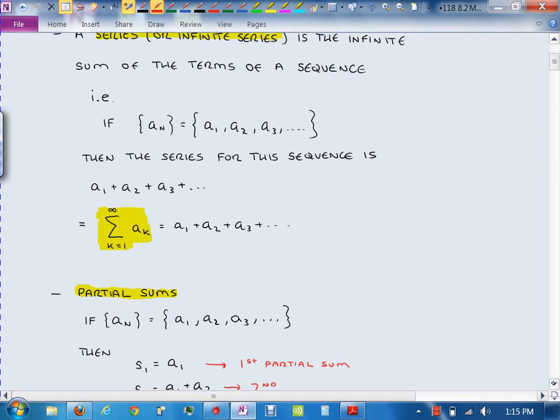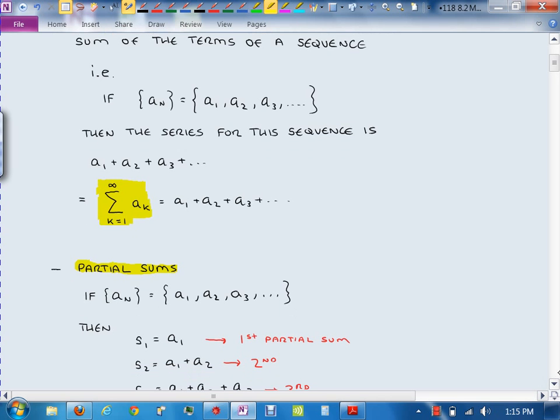So if I start at k is 1, we've got a sub 1, plus a sub 2, plus, and where do I stop? Infinity. So I never stop. Do you see how that notation works? All right. So now, that's the series. That's the infinite series for a sequence.